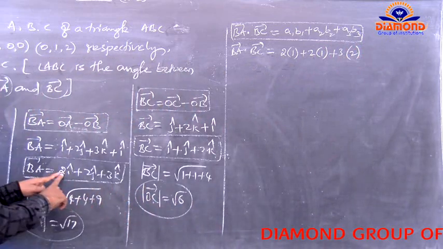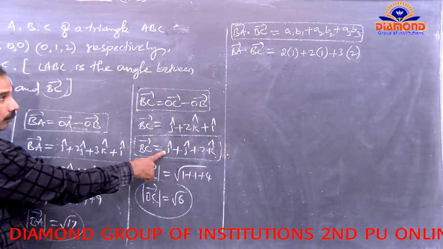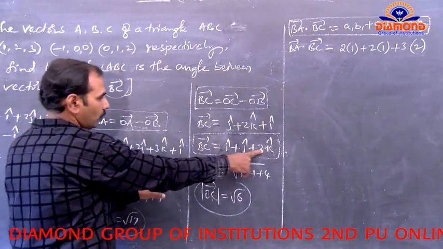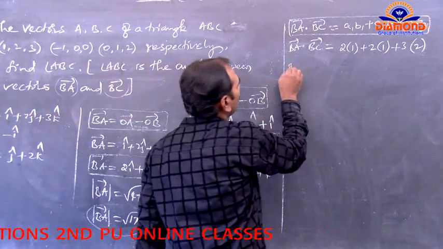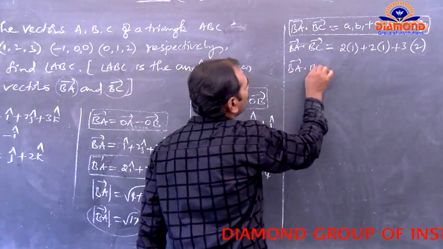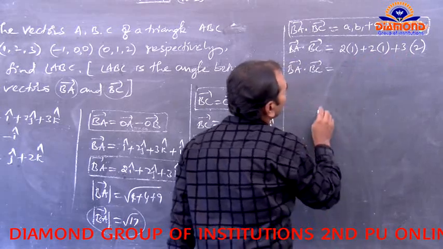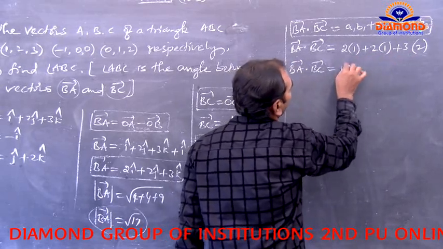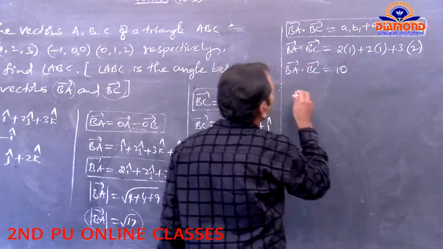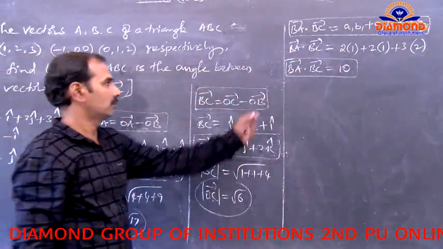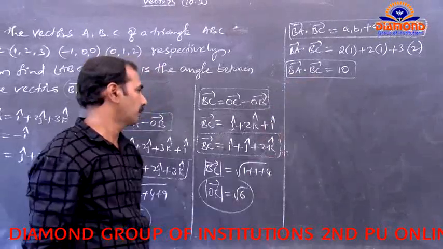So BA bar dot BC bar equal to 2 plus 2 plus 6. Its value is 10. 2 plus 2, 4 plus 6, 10. So BA dot BC equal to 10.